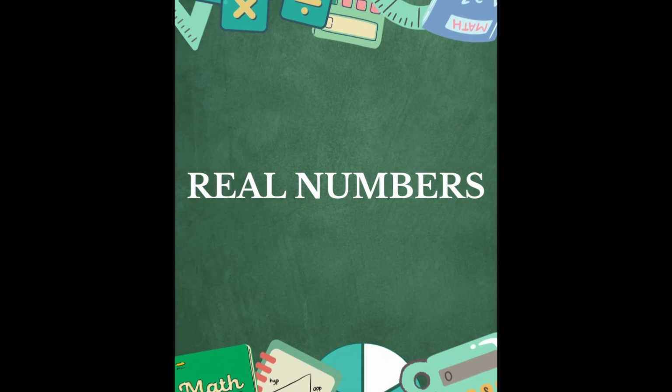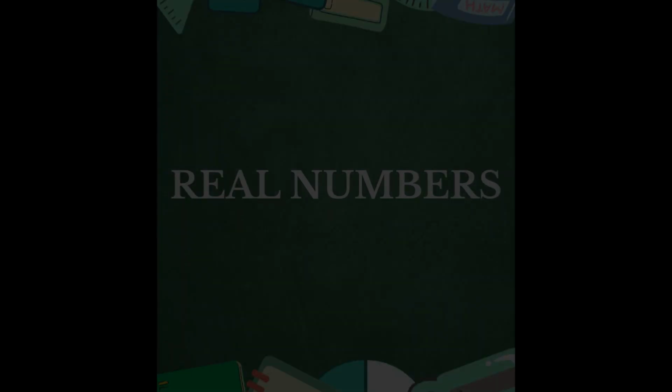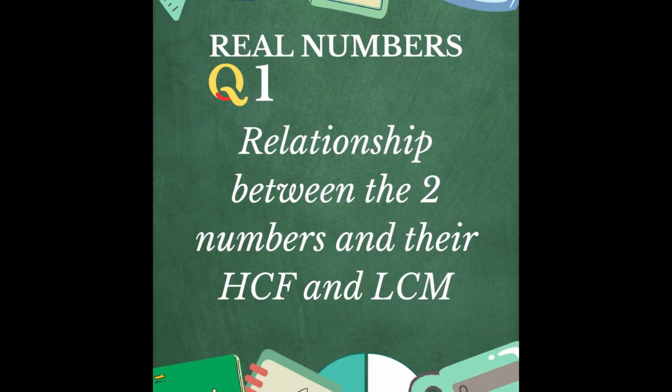The first question is from the chapter Real Numbers. Now from real numbers, there are two sure questions. The first one is based on HCF and LCM. We know that there is a specific relationship between the numbers and their HCF and LCM. So one question is based on this relation.